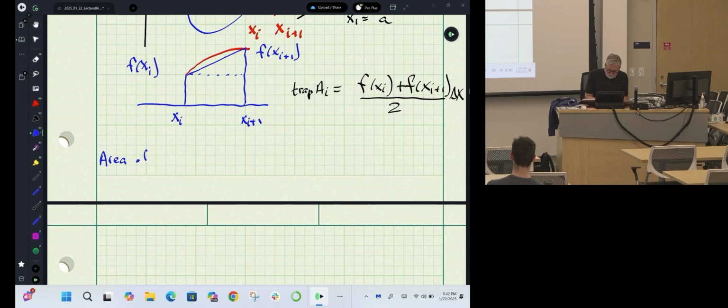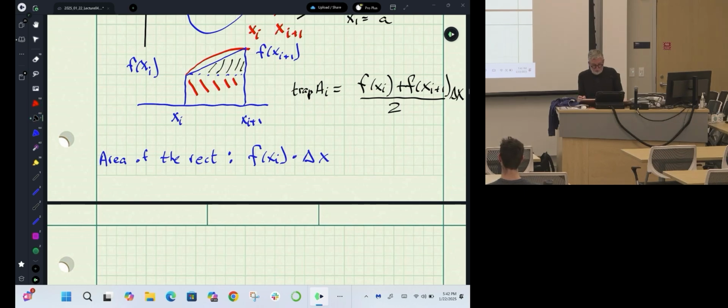So the area of the rectangle is f of x sub i times delta x. Okay, so here's the rectangle. This will be the triangle.